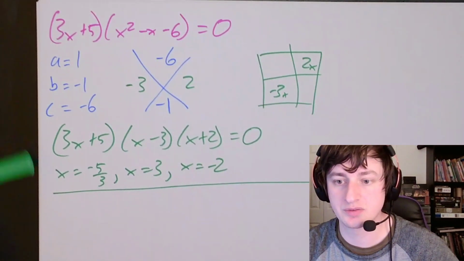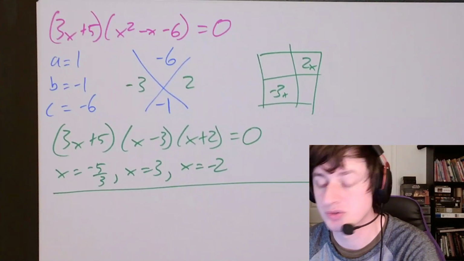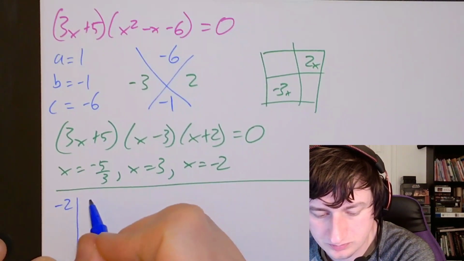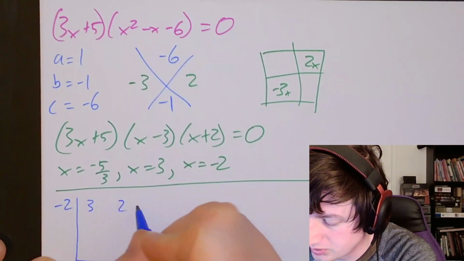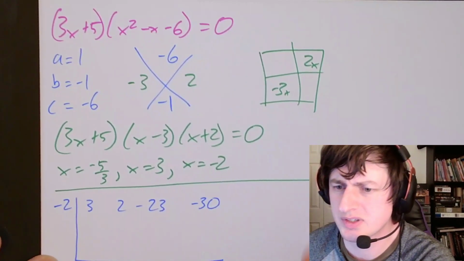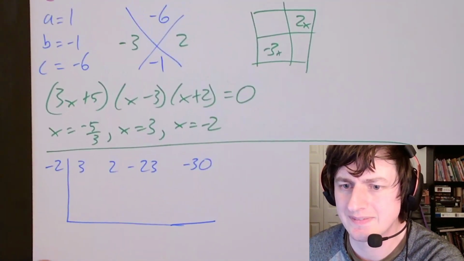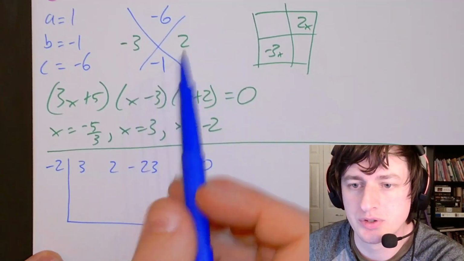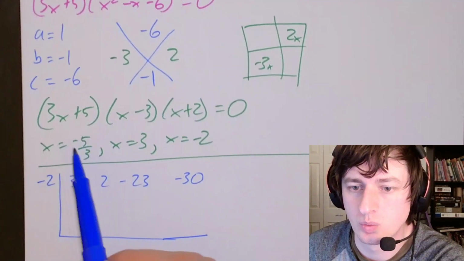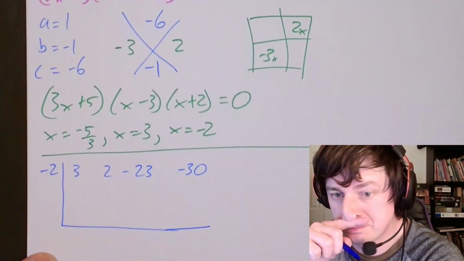So we're going to do the synthetic division for -2 since I know it's a solution. 3, 2, -23, and -30. We're solving the same problem again, so we're going to get the same answers, but I want to do this quadratic factoring here with the Xbox method when we have an a value that's not 1.